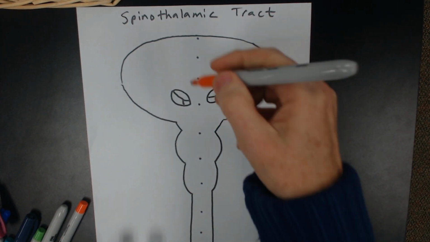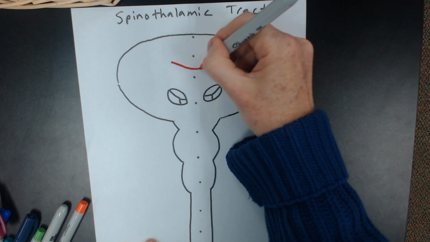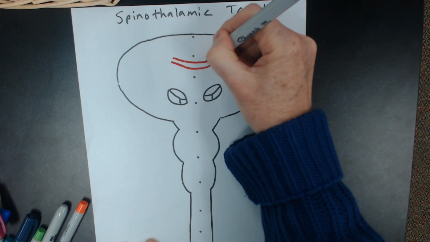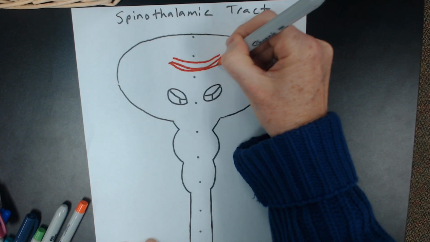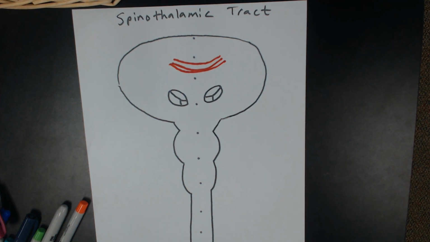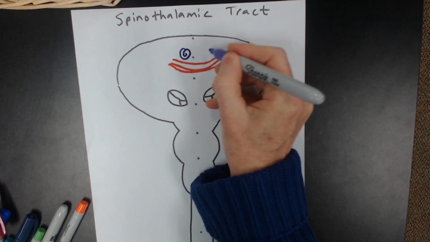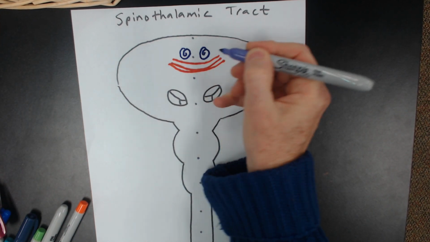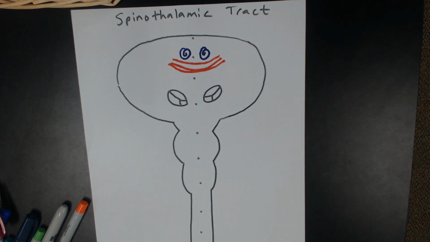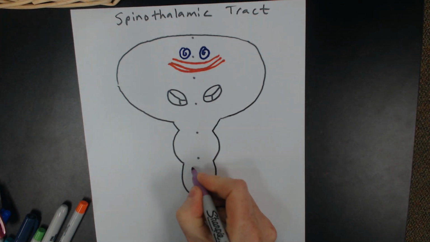Drawing in the big pieces that we drew in at the end. So here's my corpus callosum, white matter decussation. On top of the corpus callosum, I have my cingulate gyri. The other thing I ended up drawing in there, at the level of the medulla, is my reticular formation.